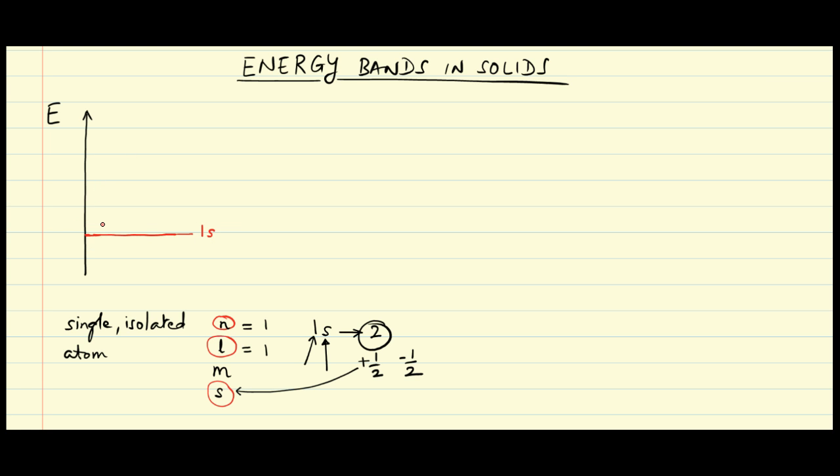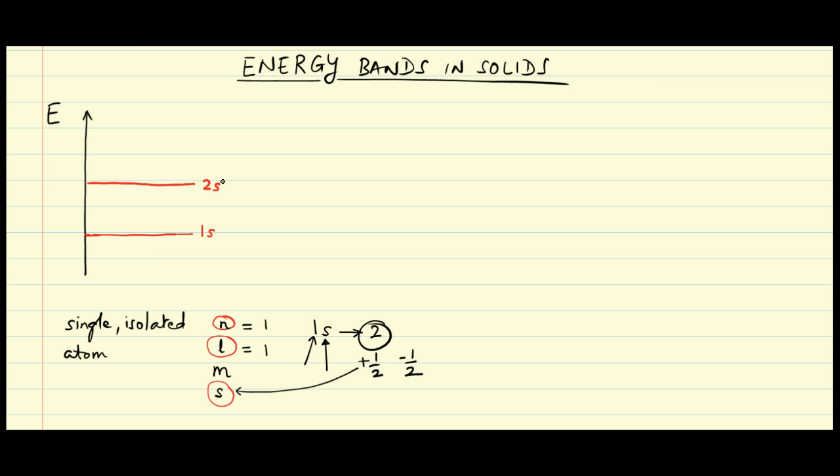Likewise, the energy level of any of the 2 electrons in the 2s orbital is shown as a single energy level, like this line, and I'll write 2s over here.